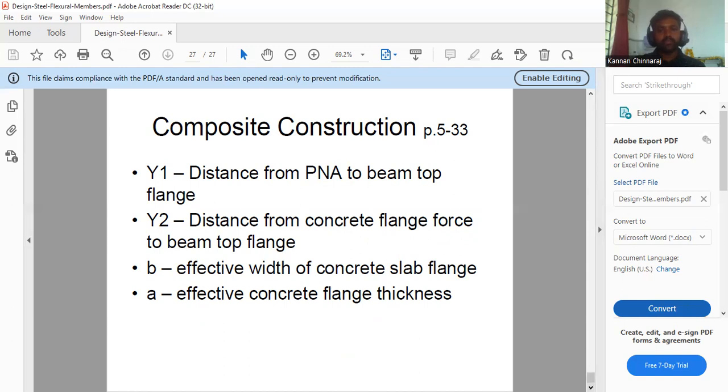These are all the procedures for how to design the structural member and why we need to design. What is the purpose of designing the structural members also? Now we are going to discuss concrete flexural members.